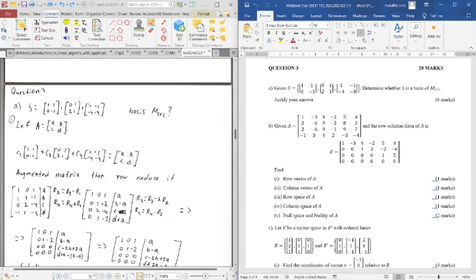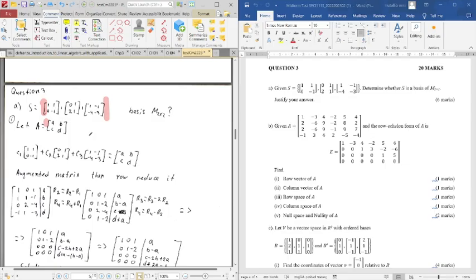First, we need to see if the given set spans the space, in the form of our matrix, or vector if it's given as vectors. For the second condition, we need to see if it's independent. If it's not independent, then the given set of vectors or matrices is not a basis.